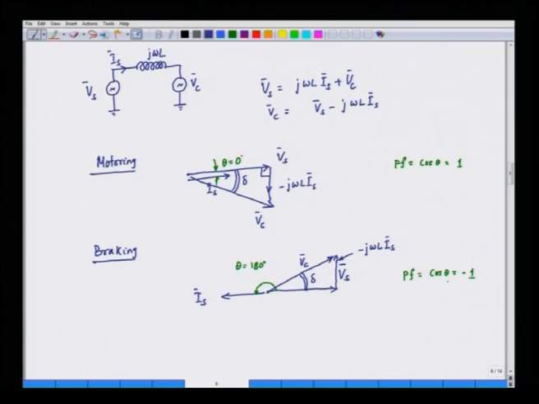So, in this case we find that the power flow can be reversible. For the motoring the power factor is +1 and for the braking the power factor is -1. So, if we think about a closed loop control, primarily we will be talking about the control of the front end converter. The front end converter is the one which maintains the power factor unity, and hence it ensures a utility friendly drive system.